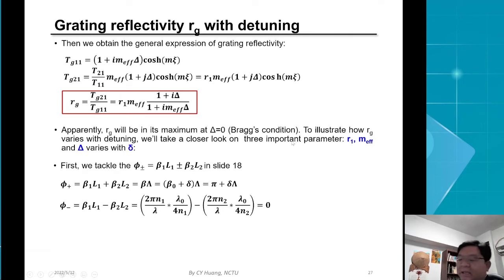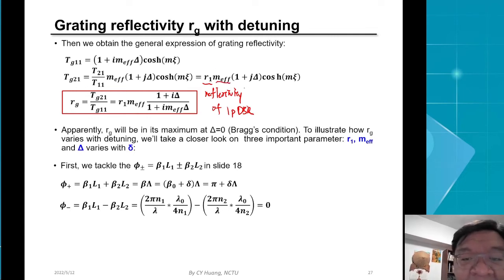Okay, so now we got TG11 as 1 plus i MEFF delta times hypercosine m kappa c, and TG21 is something like this. And finally, this is R1. R1 means the reflectivity of one pair DBR, times how many effective pairs, times 1 plus i delta, hypercosine m kappa c.